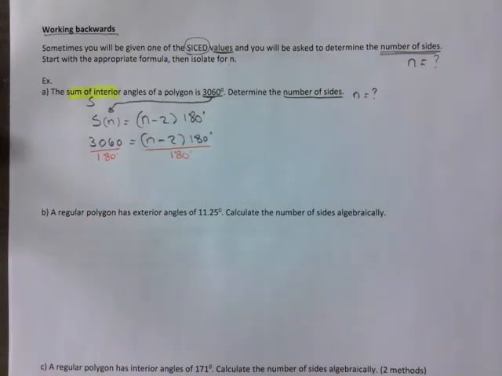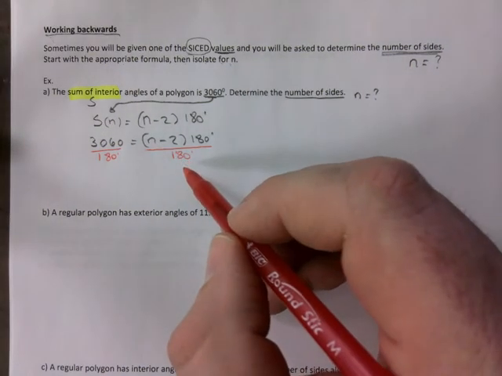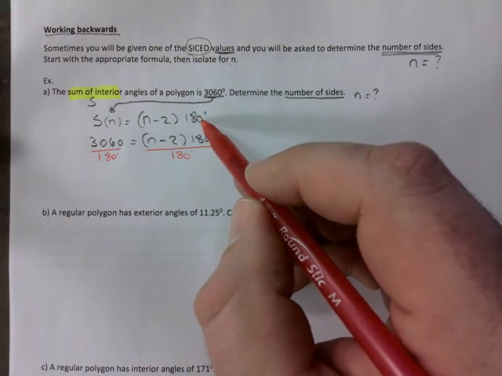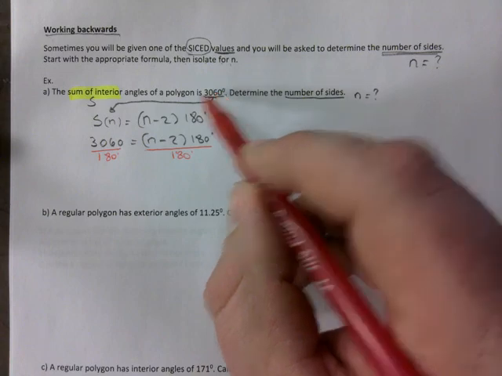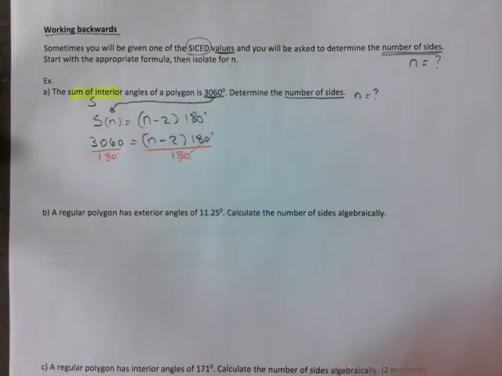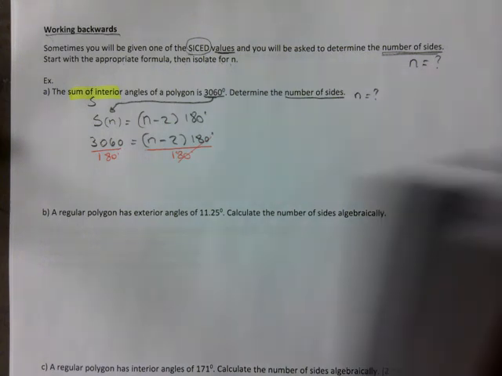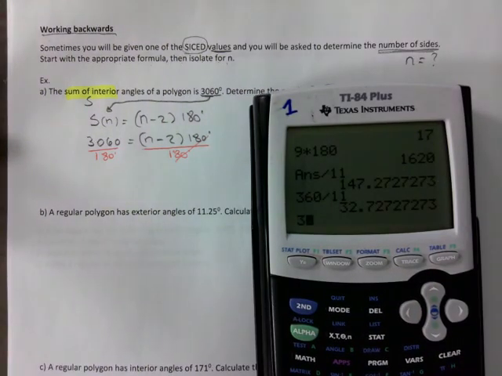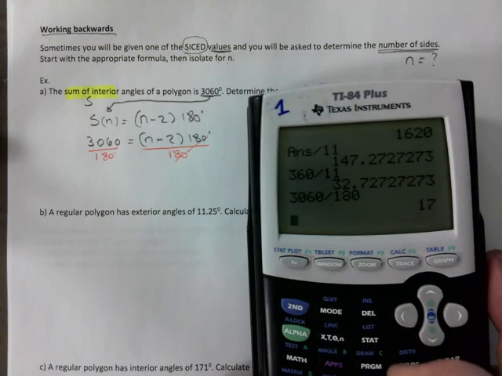And I want to make it easier, right? As easy as possible. So that would be step, like, find the formula. Because they gave you the sum, I had to use this formula. I get rid of the 180. And on the other side, you figure out 3060 divided by 180, which is 17.